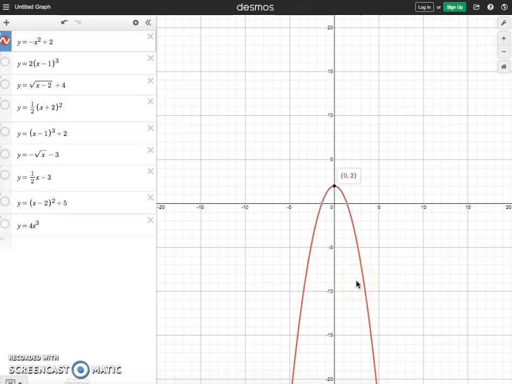However, the range will be restricted because there's either going to be a highest point, so a maximum, or a lowest point, a minimum, thus restricting the amount of y values that it actually can be defined at.